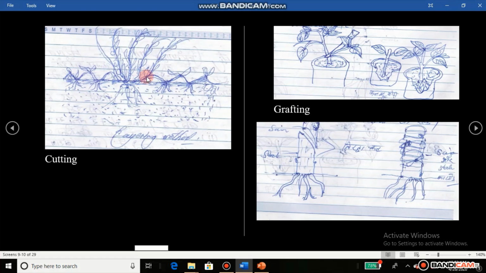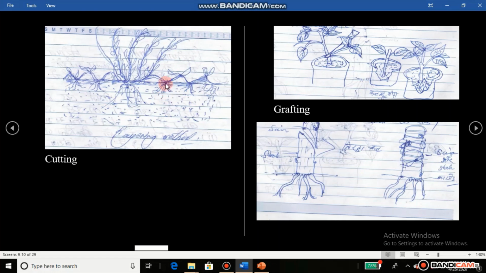There is a flexible stem. When you bend the flexible stem and put it inside the soil, after some time the inside part of the stem will form roots due to absorbing water and minerals.